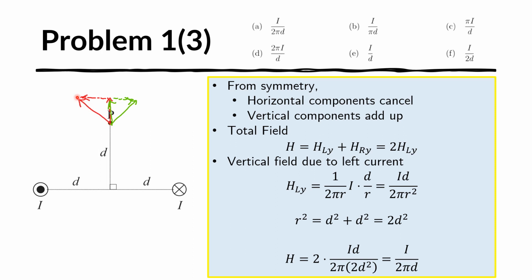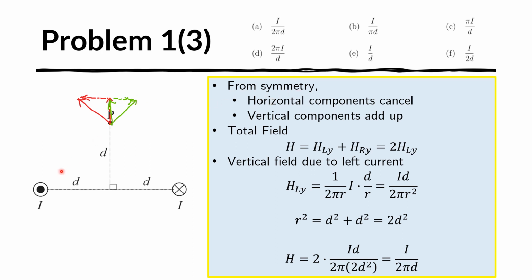And this red arrow is a vector, and it has this component on the Y and this component on the X. Likewise, the magnetic field due to this is this green arrow. Again, it has a vertical component going upwards and another horizontal component going sideways.